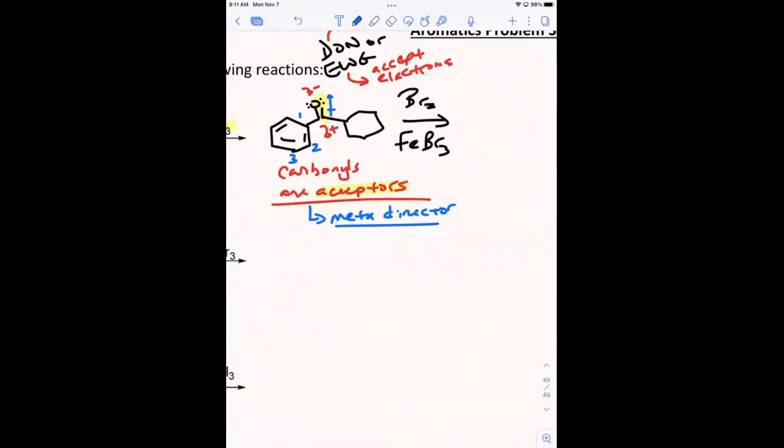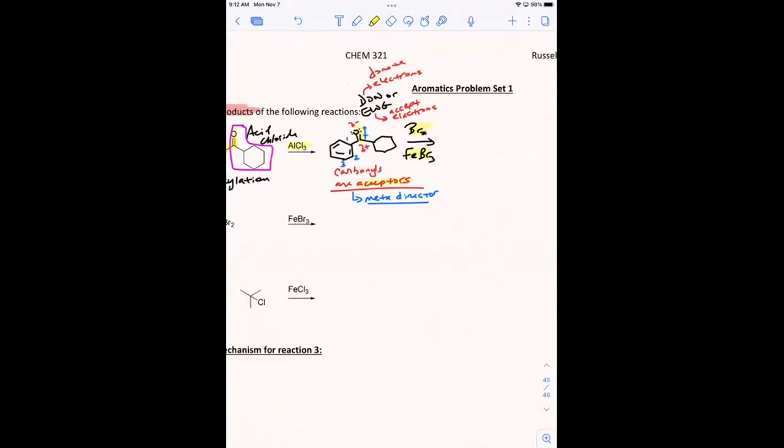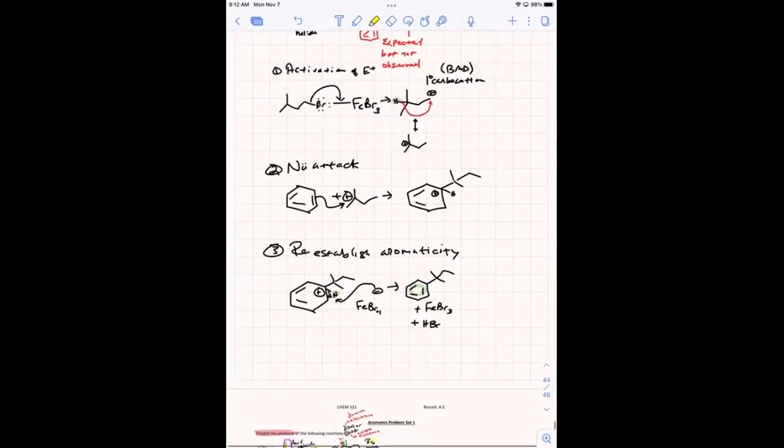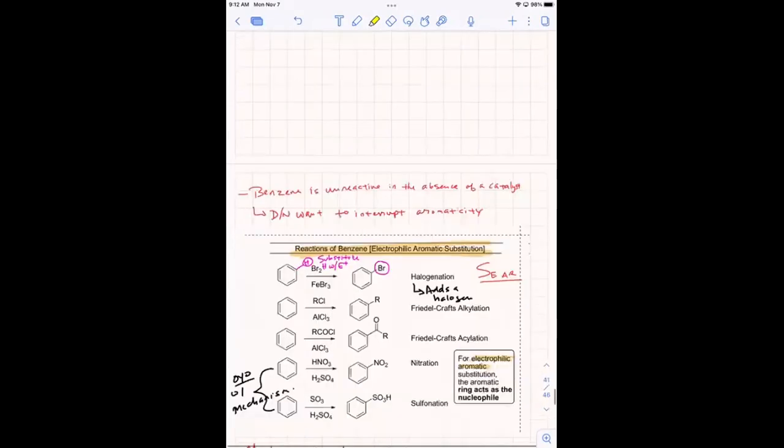So the fact that the ring is now substituted already, anything I do to it, the carbonyl is going to dictate the product. So with this set of reagents, bromine and then iron tribromide, what am I doing? What do those reagents accomplish? Now let's go back to the list of reactions.